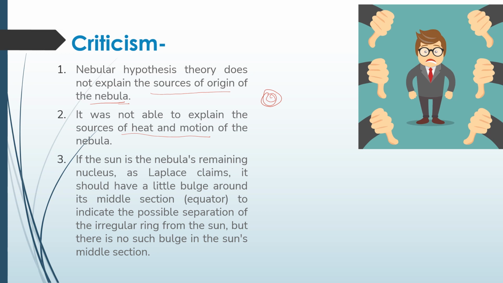Another thing: if the sun is the nebula's remaining nucleus, it was the inner part, so it should have little bulges around its middle section. We have seen the nebula was disc shaped. So according to some scientists, why is there not any bulge in the sun? This was one disadvantage or criticism. Its explanation is not found yet.